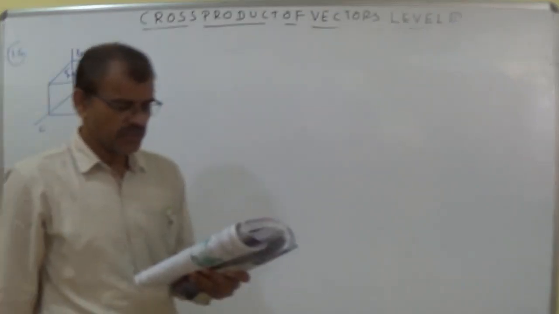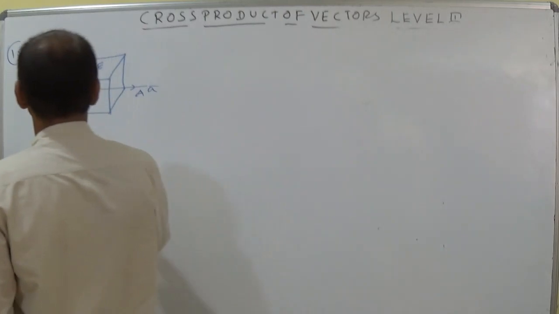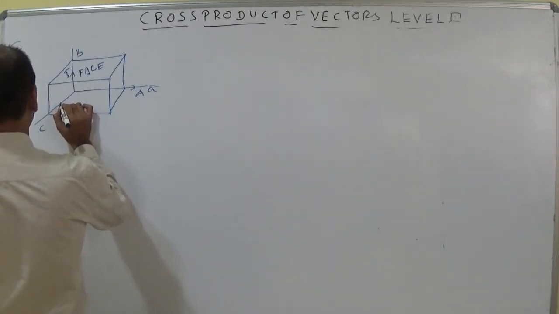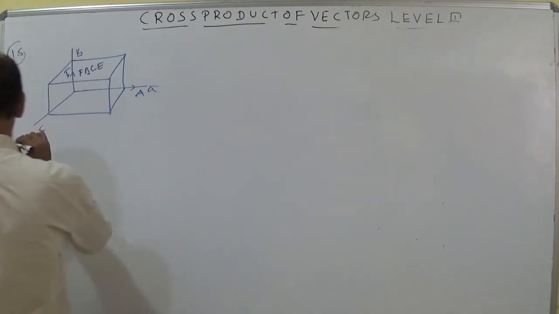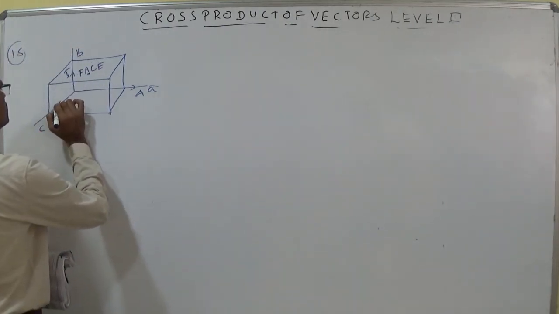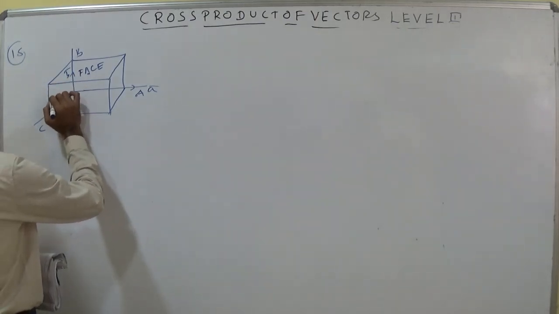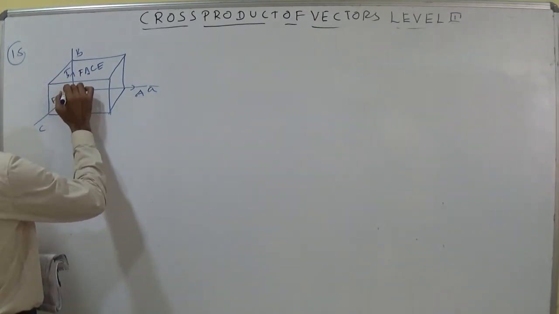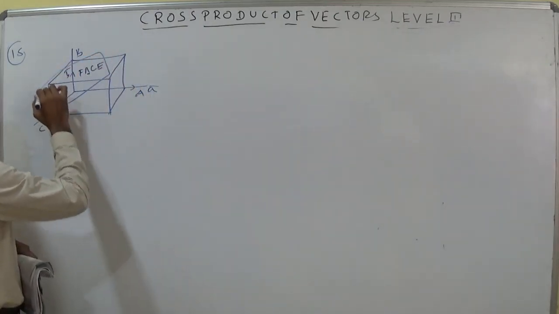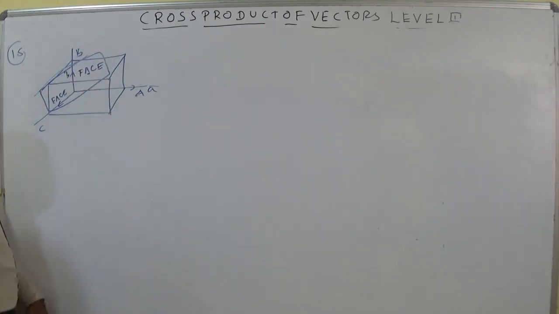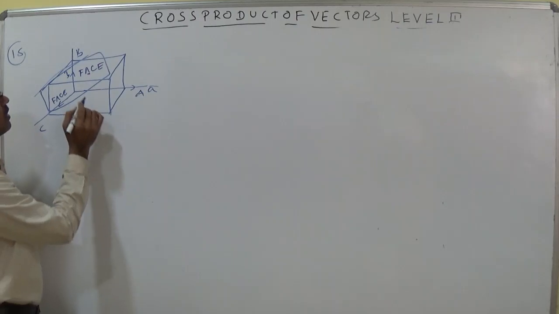This is the face determined by B and C, a plane. With these two vectors a plane is formed, and you should calculate the angle with the plane.